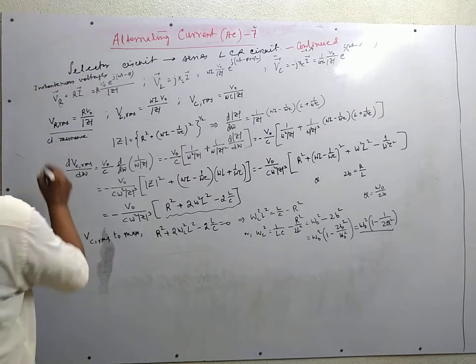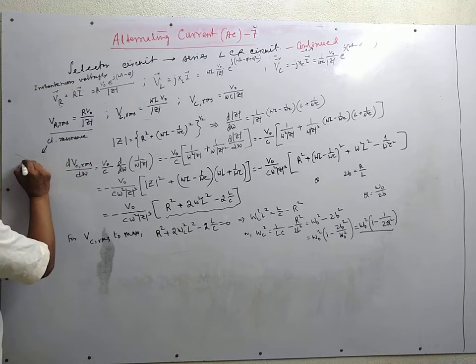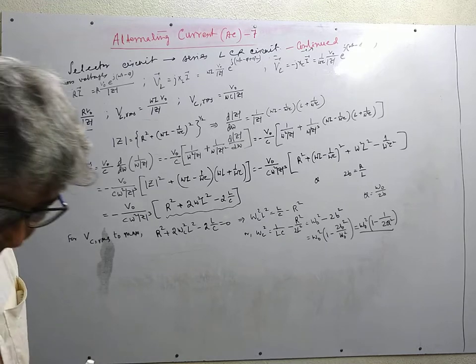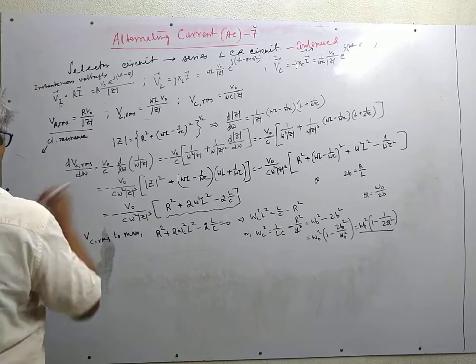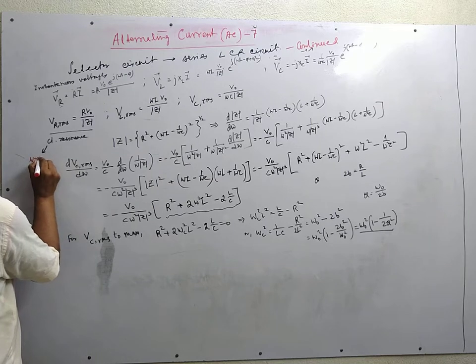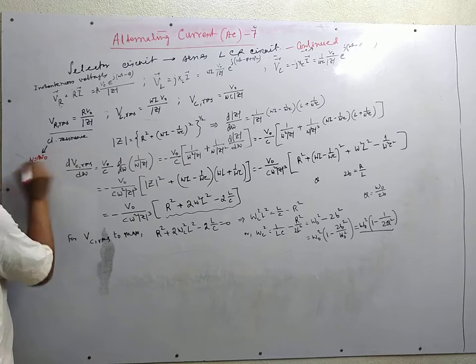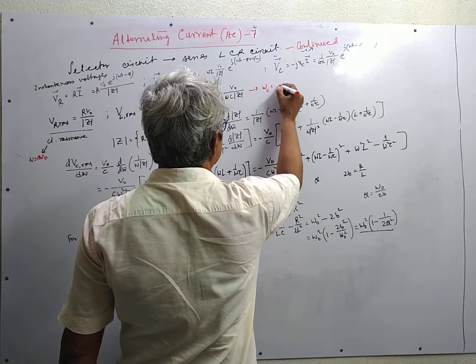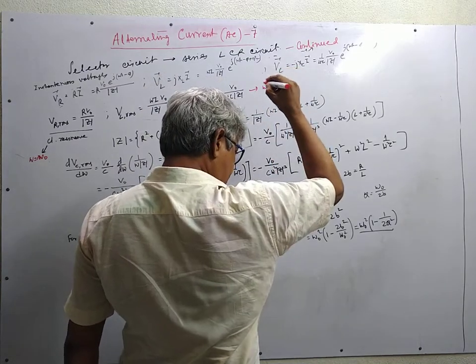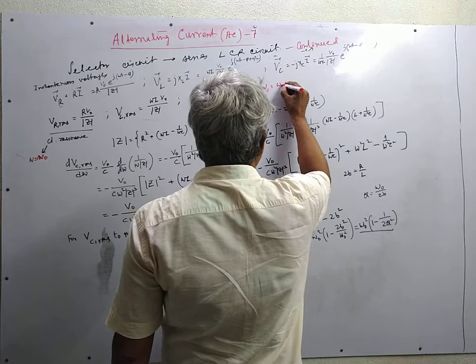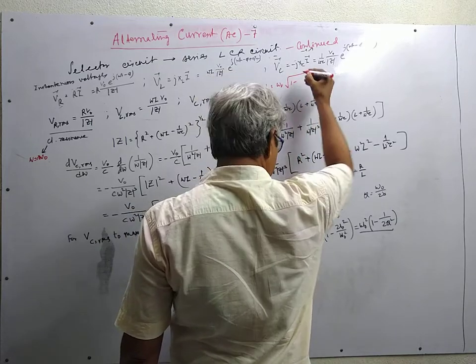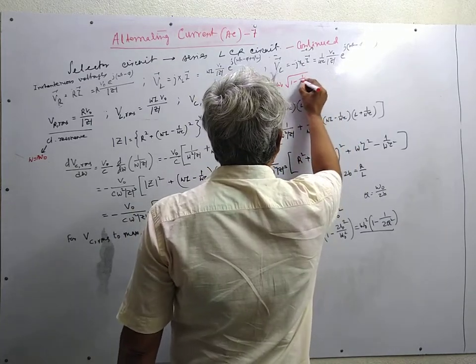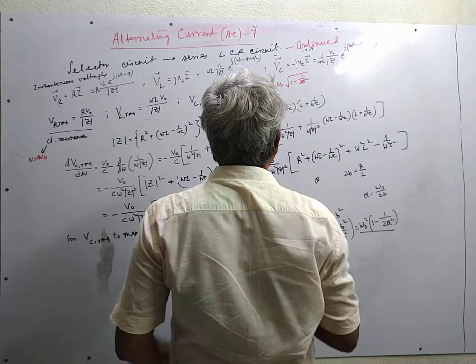The maxima of the current occurs at omega equal to omega 0. The maxima of this occurs at omega C equal to omega 0 square root of 1 minus 1 upon 2Q square.